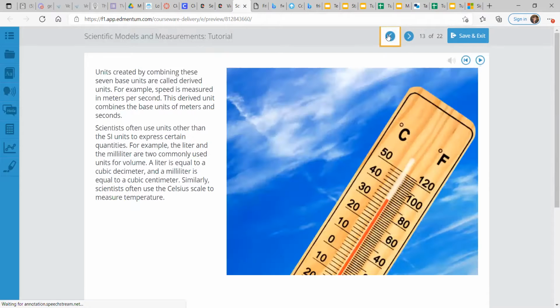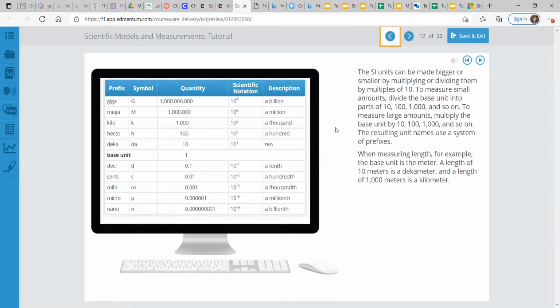And I'll go back to the slide with the prefixes. All you really have to do with these prefixes is you'll memorize them over time, but it will start with the base unit, a meter, 1 meter, and then the prefix will either say it's a magnifier or a minimizer.